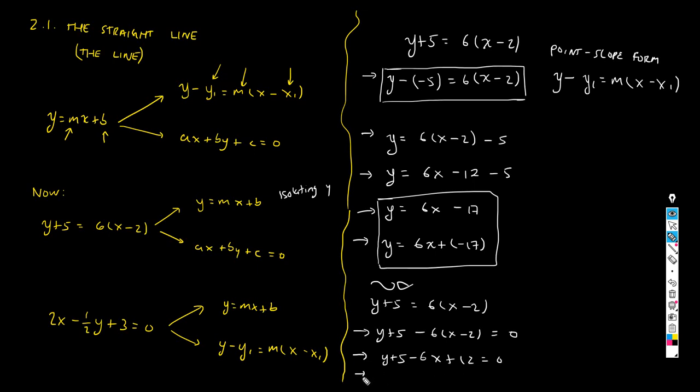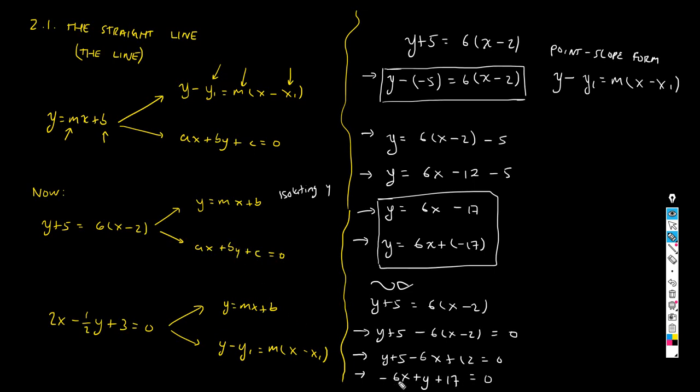Right? And then this almost looks like the general form. Almost. All I need to do is rearrange some terms and add 5 and plus 12, and I'm basically done. Minus 6x plus y plus 17 equals 0. And I take a look at this, and I take a look at this, and I go like, okay, that's it.